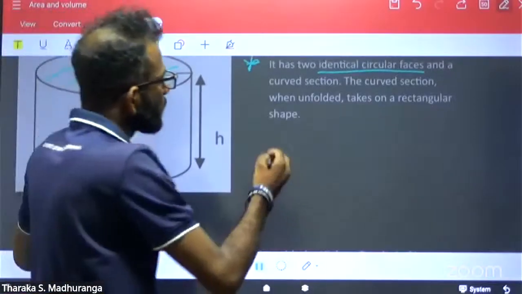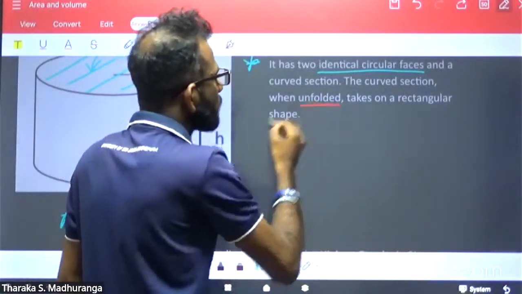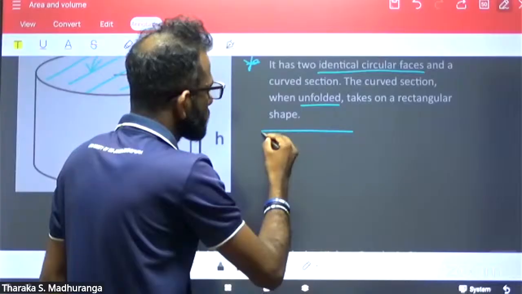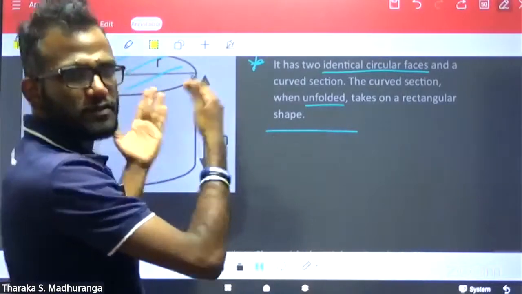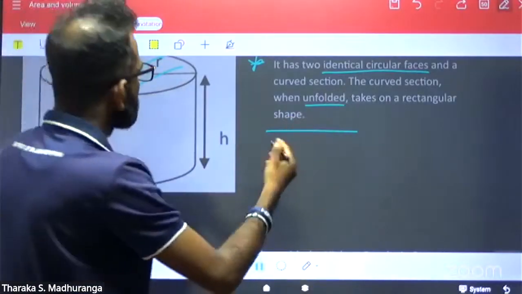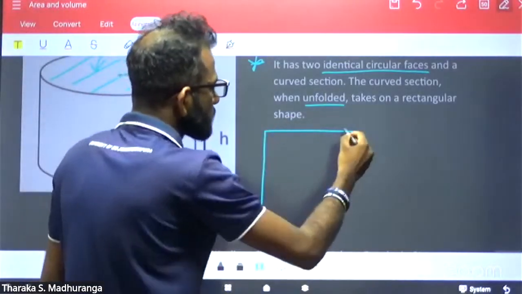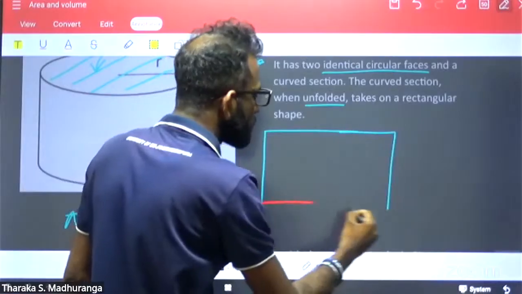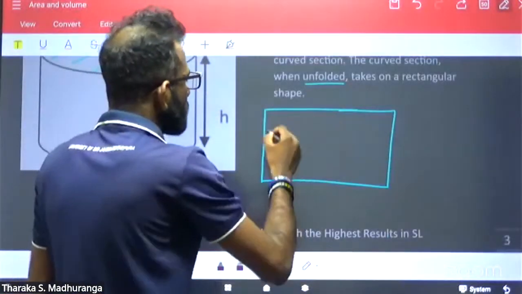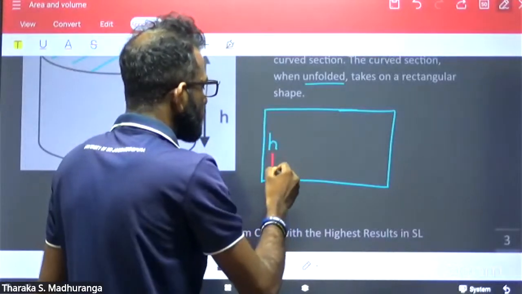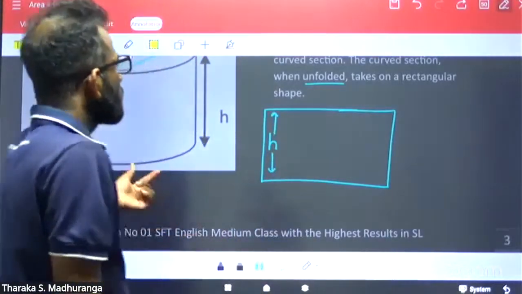If I unfold this curved surface, it is the same as a rectangle. This is the height of the rectangle. It is h, the same as the cylinder height.